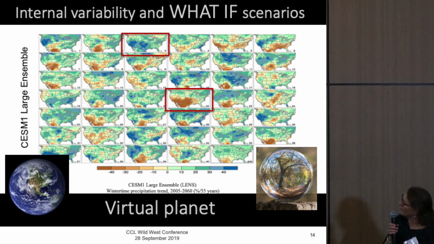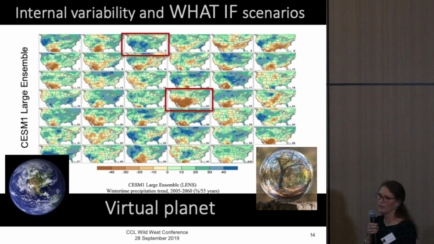And in the lower red box, I've highlighted an area where it's dry, dry, dry, very arid for this 50-year average period. So the same model, forced with the same conditions, has produced very different model representations of what our future is. So this is the variability we're looking at. We have, of course, our one experiment, but our virtual planet can tell us that there's more than one possibility. It's that butterfly effect that you've all heard about.